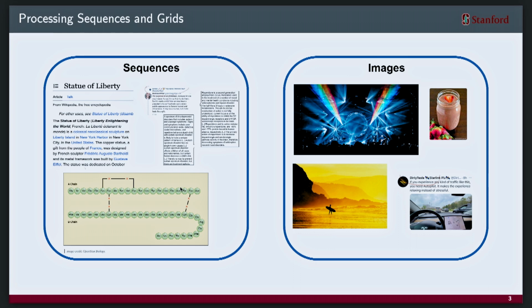Now, over the past few years, we have observed an unprecedented success of deep learning methods, especially when it comes to processing data in the form of a sequence or a grid. Previously, Vasilis and Rishi emphasized the power and success of large language models in processing and manipulating text, or more generally, natural language.